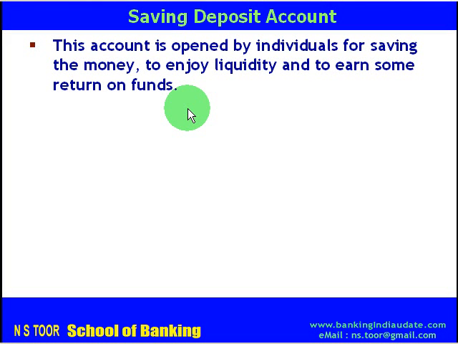So this account broadly serves three purposes. One, it helps in saving the money. Then on that money one can enjoy liquidity. In addition to liquidity, some return can also be earned, some interest can also be earned.